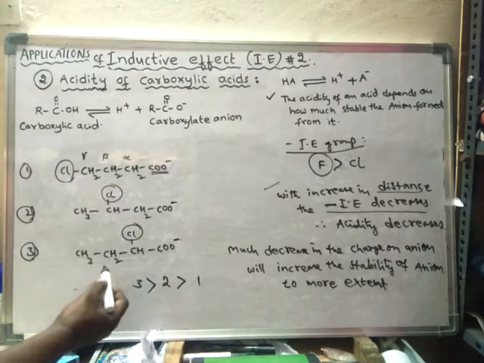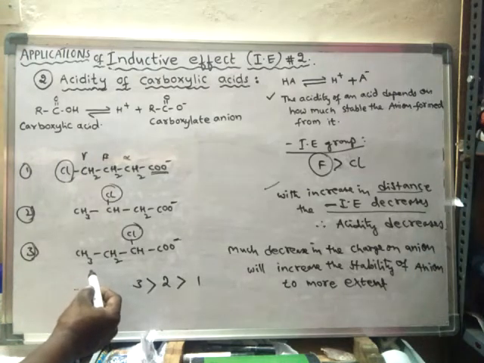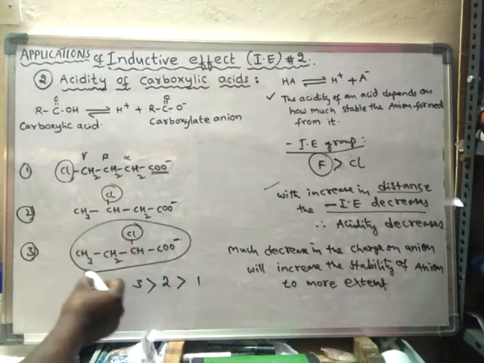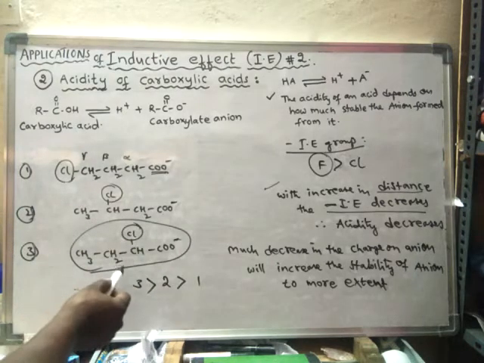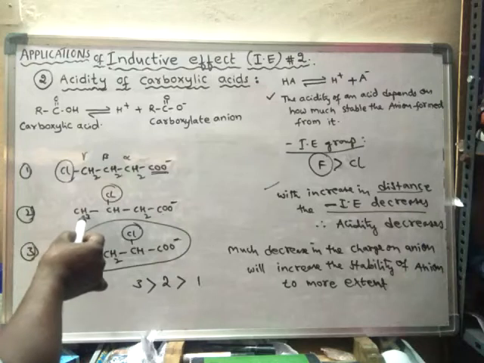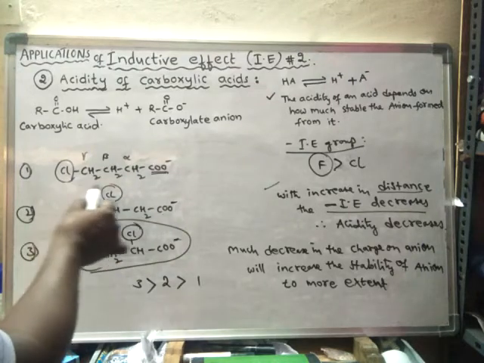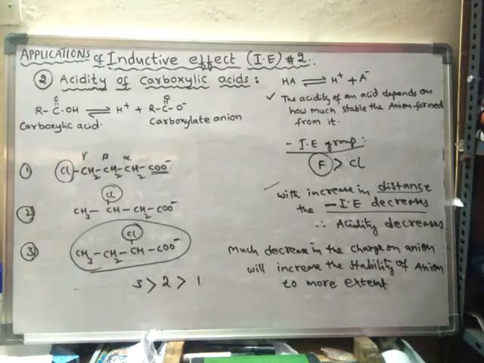The acid related to this anion is more acidic than the acid related to this anion, and the acid related to this anion is the least acidic.